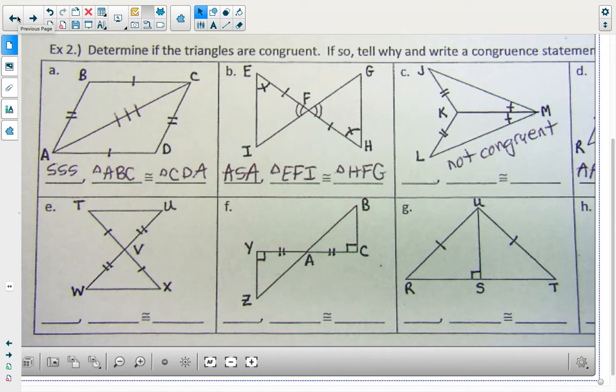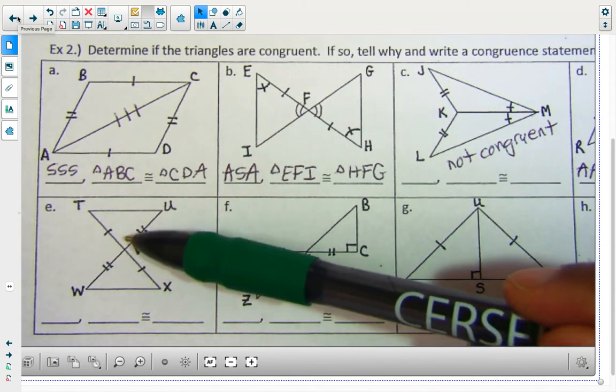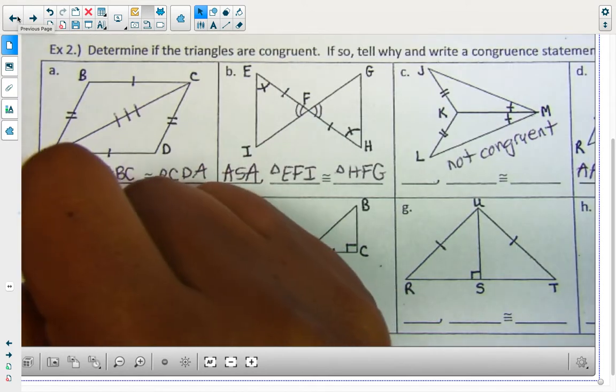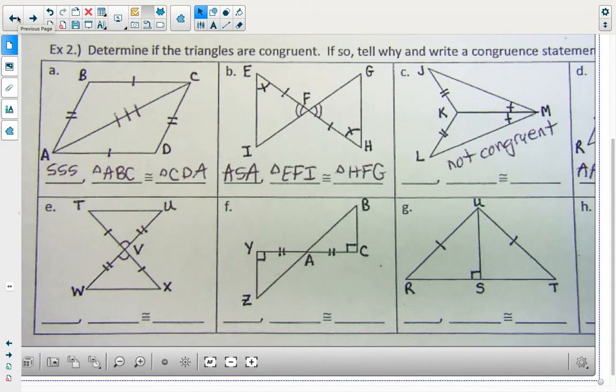So let's take a look at E. So for E, I see that I have 2 sides already. I see that this is a side, and I see that this is a side. And these are vertical angles. So think of the X from the last unit. These are vertical angles. So I have 2 sides and an angle. So this one's going to be side, angle, side.